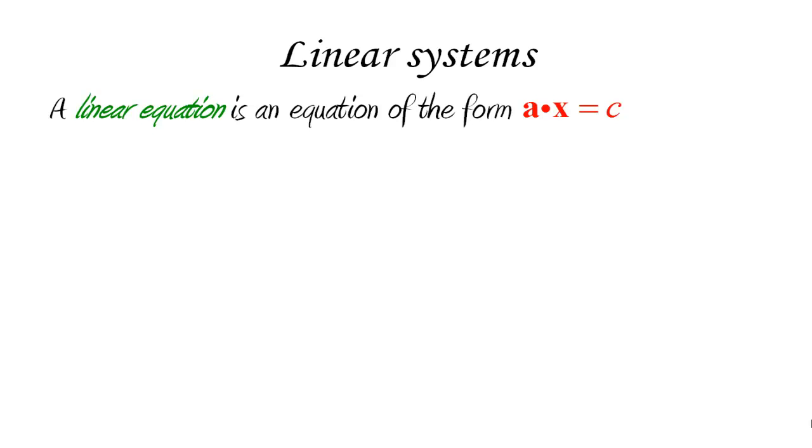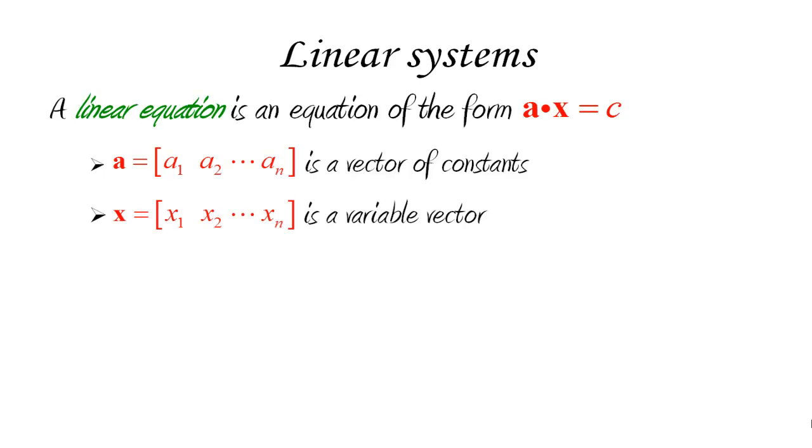But what is a linear equation in general? Well, it looks like that. And let's see, what is a? a is going to be a vector of constants. So those numbers a1, a2, an are all going to be constant. Maybe sometimes they're not going to be given explicitly, especially if we're going to look at theoretical issues, but they still have to be considered as constants. x, on the other hand, is going to be a variable vector.